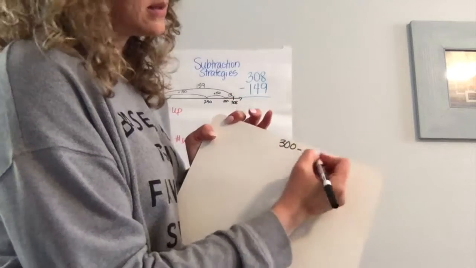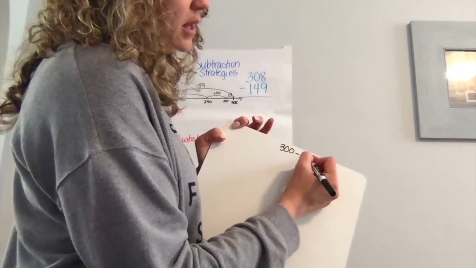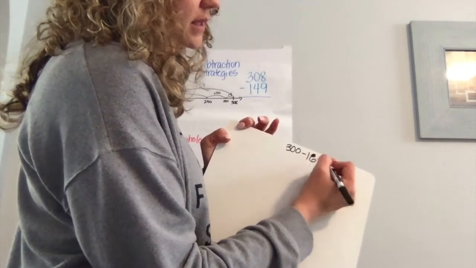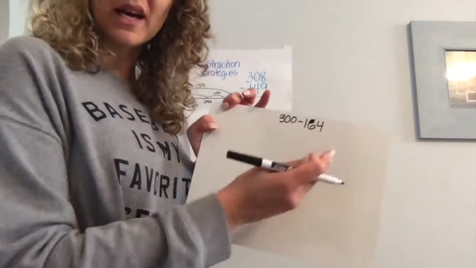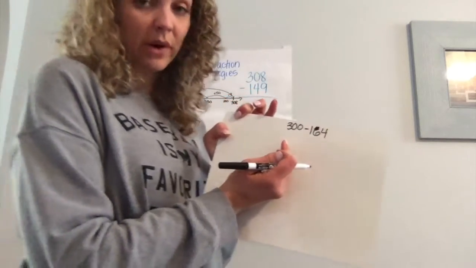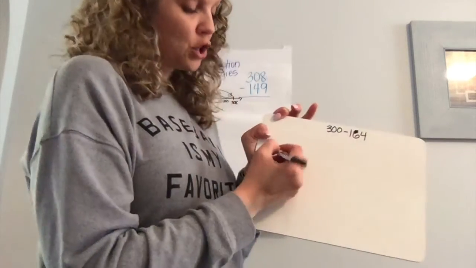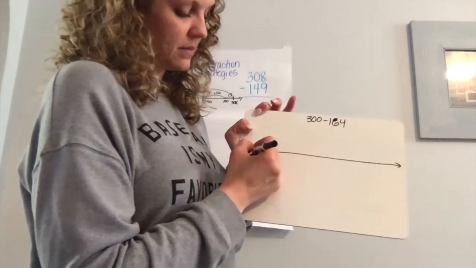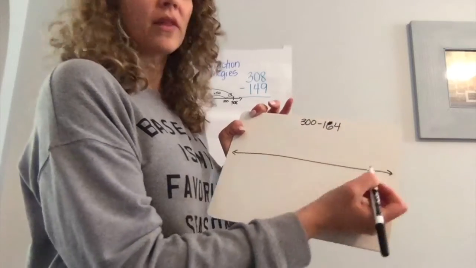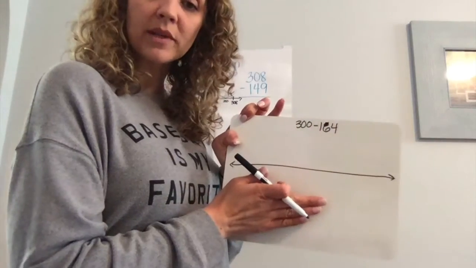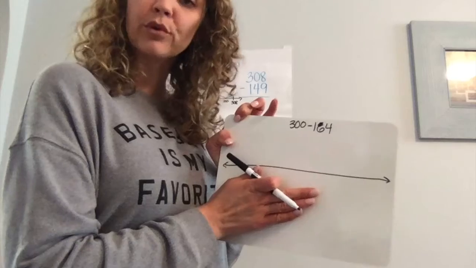But if I were doing a problem like 300 minus 164, that's a lot of zeros to cross out and borrow if I were doing it the way that I was taught. So I could adjust. Again, the number line is not going to help us solve this problem. It's going to help us prove why it works.